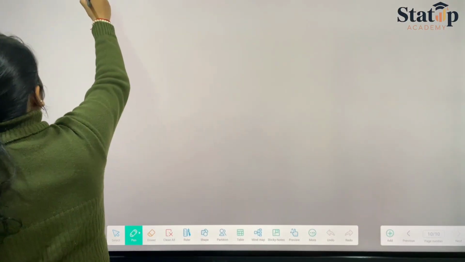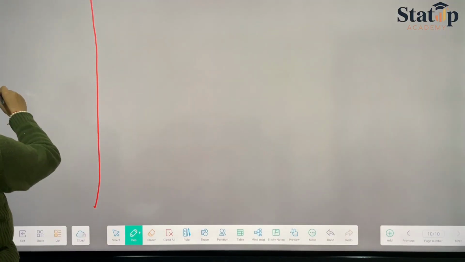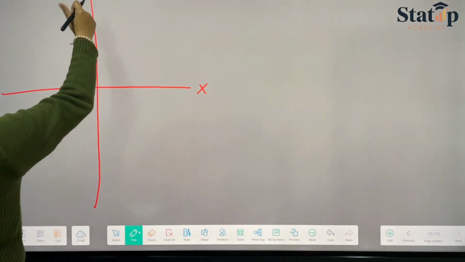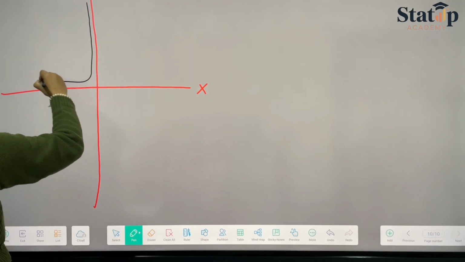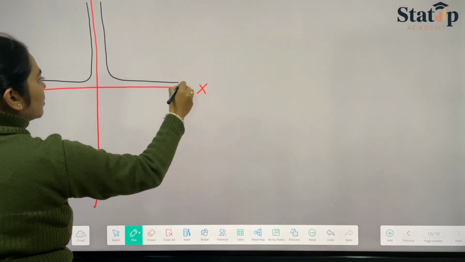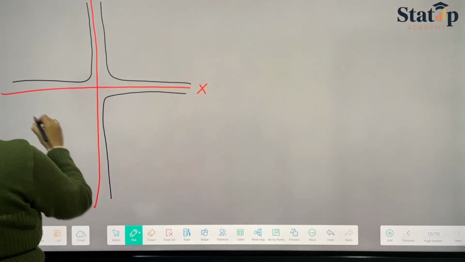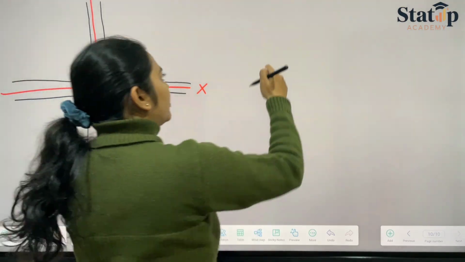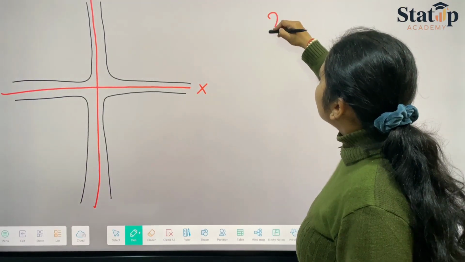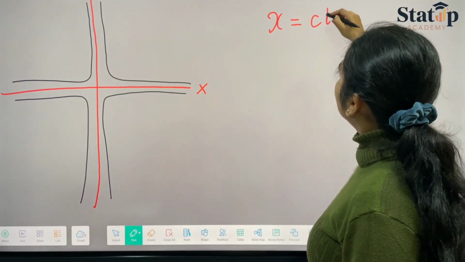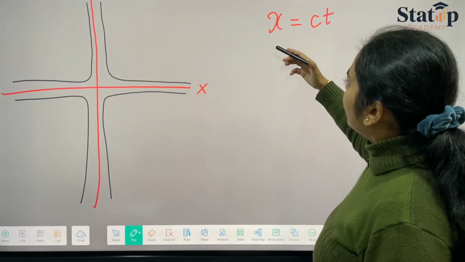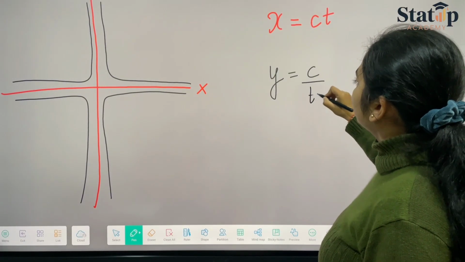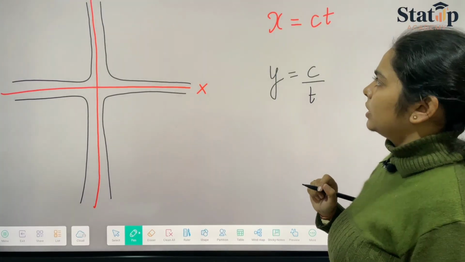If I draw this diagram of the x-axis and y-axis, these hyperbolas are known as rectangular hyperbolas, and their equations can be given as x equals ct, or y equals c upon t, where t is the parameter here.